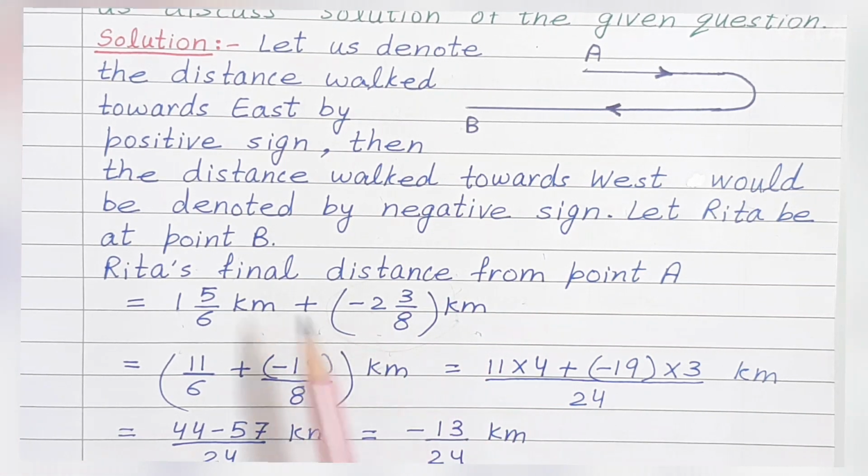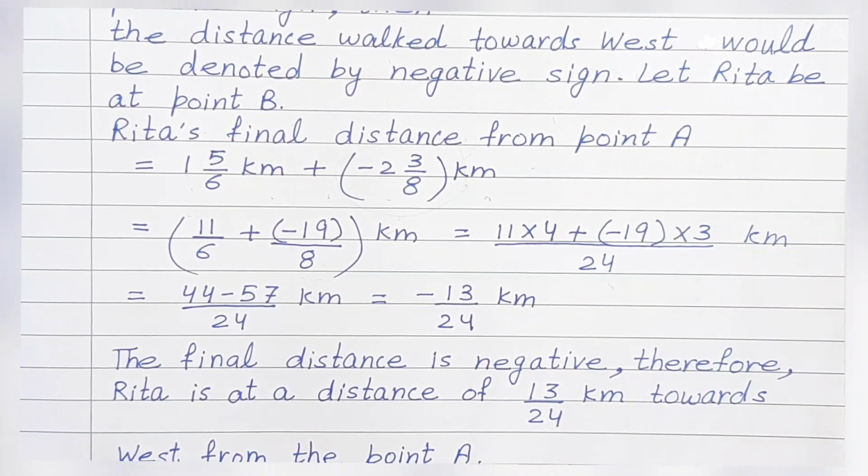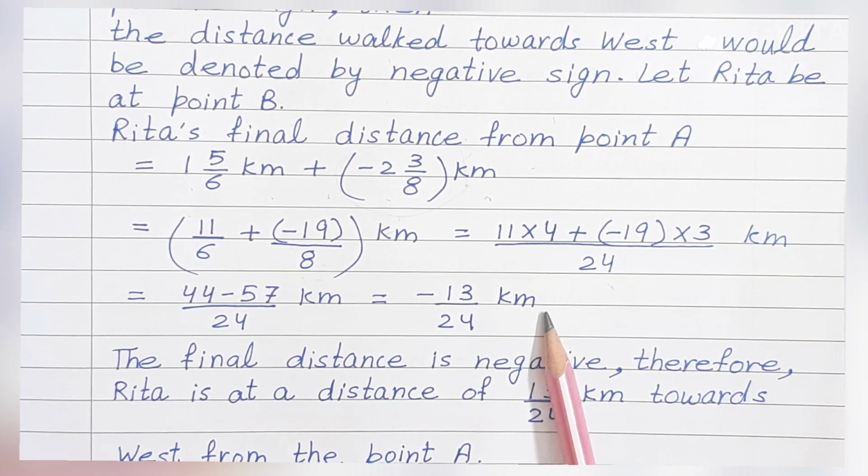Now, let us add the two values by taking the LCM. First of all, convert both the values into improper fraction. So, it will become 11/6 plus -19/8. Now, this minus and plus will become minus. Now, the LCM is 24. So, after solving this, the answer is -13/24 kilometer.